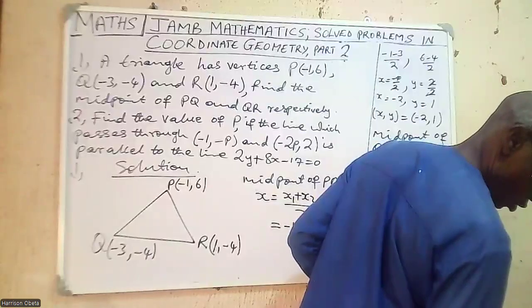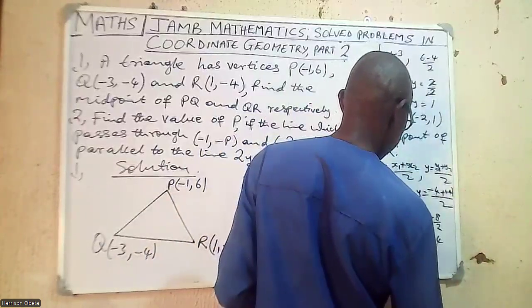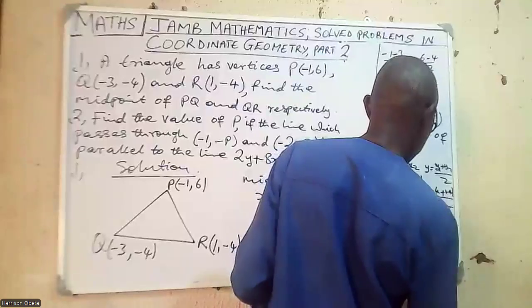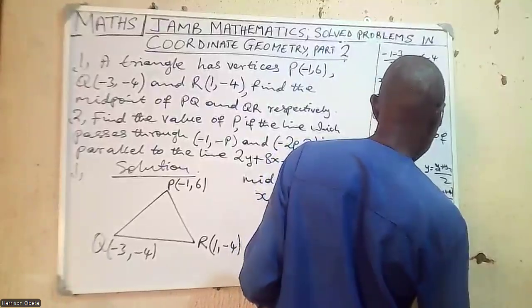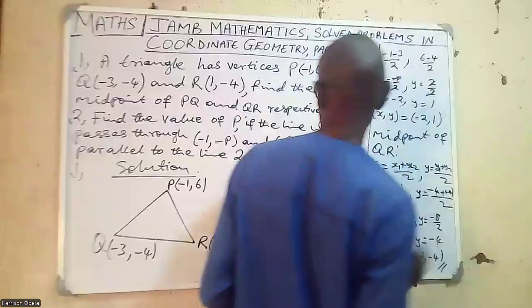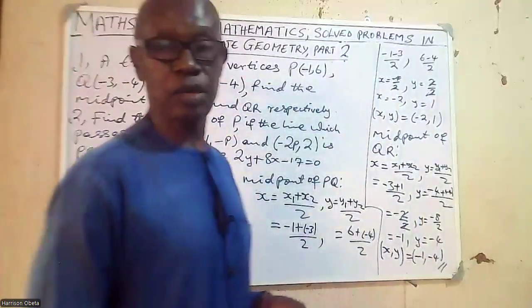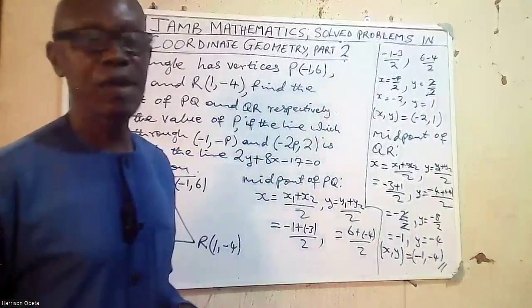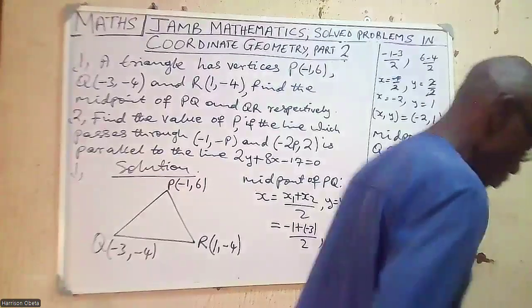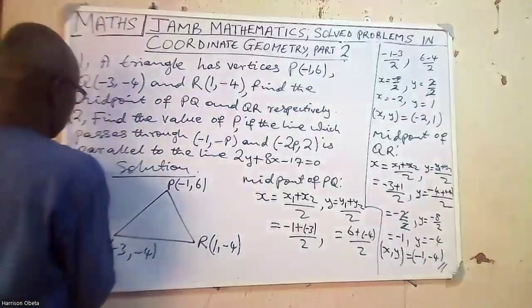That means the midpoint of QR is minus 1, comma, minus 4. And that's the end of question number 1. So we move on to question number 2.